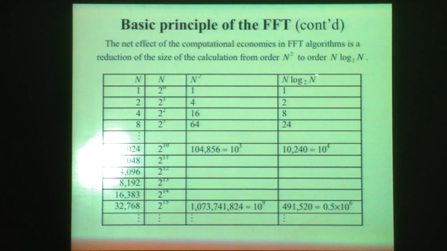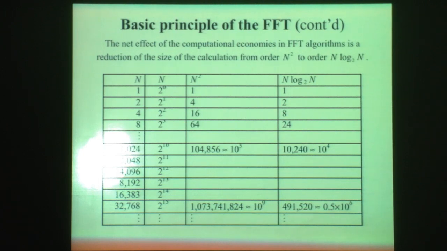But if we look at just n log n, which is the order of the calculation when we do the divide and conquer, what was 1 billion operations to be computed is now reduced to 500,000.